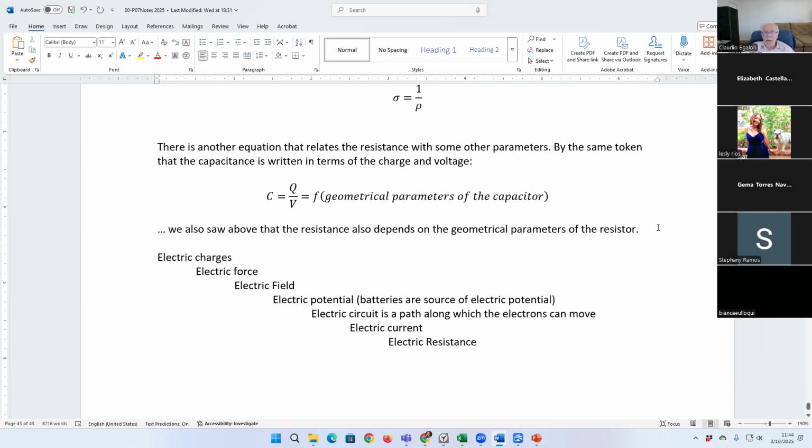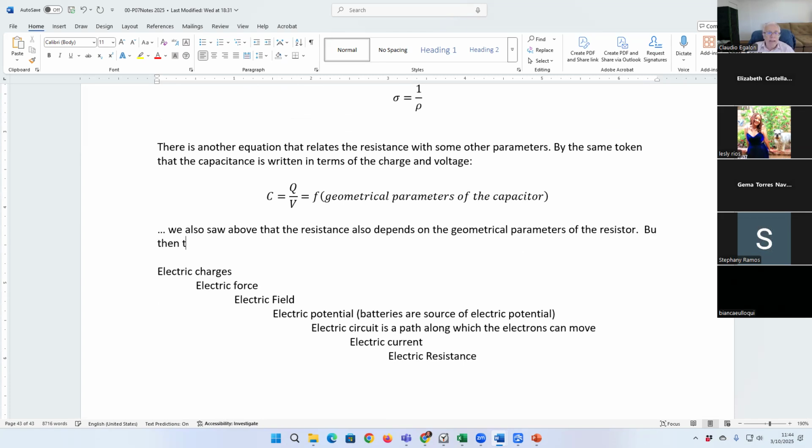But then there is one more equation for the resistance that parallels the definition of capacitance.